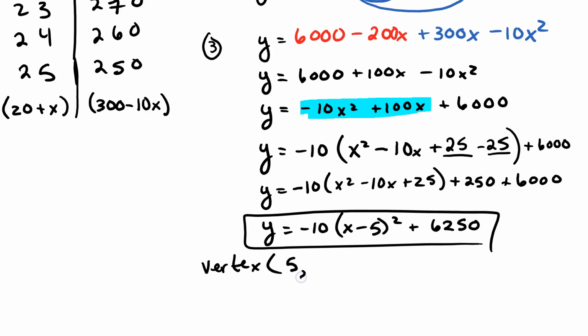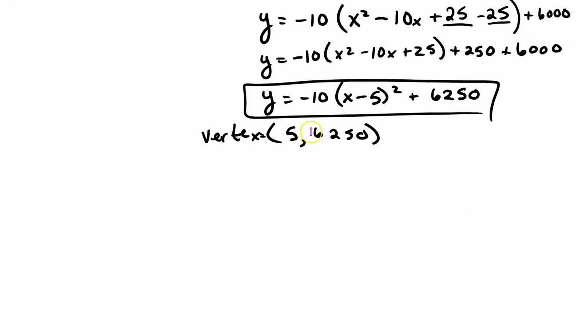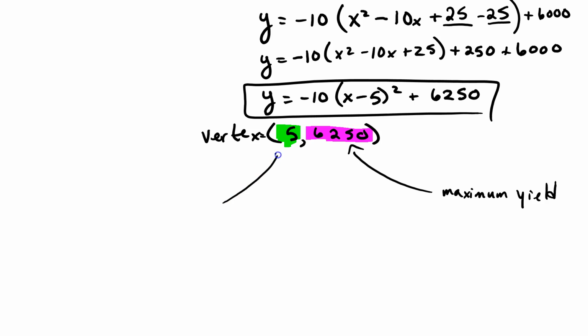So now the vertex is 5, 6,250. And let's interpret this. This is going to be the maximum yield. And this, the 5, is how many extra trees are on each acre.